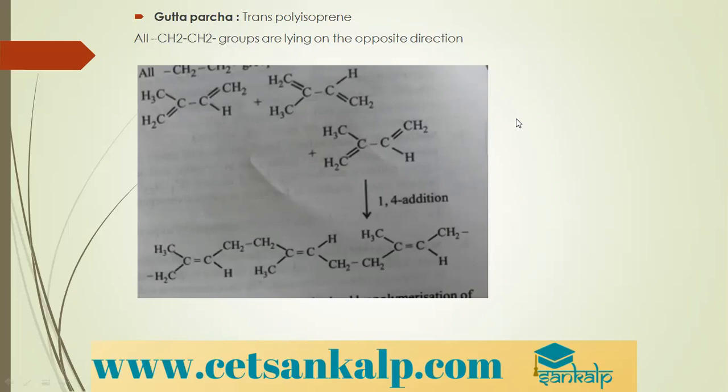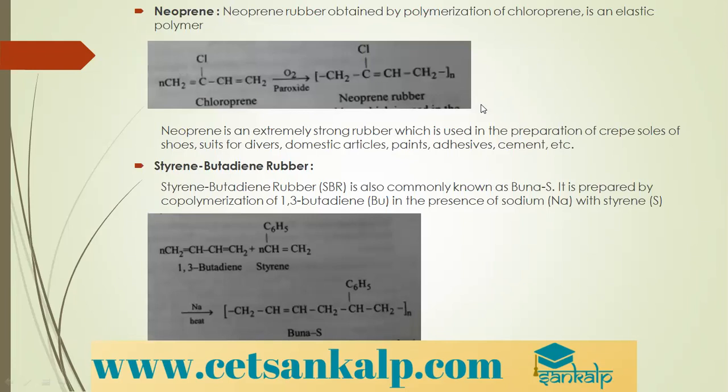Coming to the next one, there is one more compound, neoprene. Neoprene is a rubber. It is obtained by polymerization of chloroprene, 2-chloro-1,3-butadiene. 2-chloro-1,3-butadiene is called chloroprene.